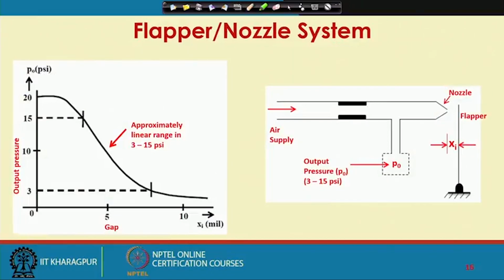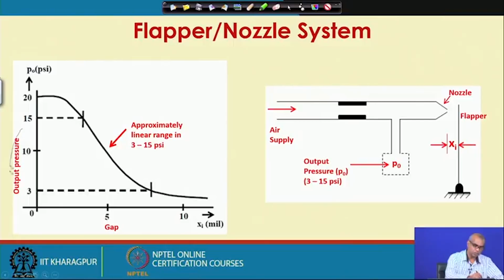So, if you plot the output pressure versus the gap between the flapper and nozzle with 20 psi supply pressure, which is constant, the output pressure varies with the gap between the flapper and nozzle system like this.